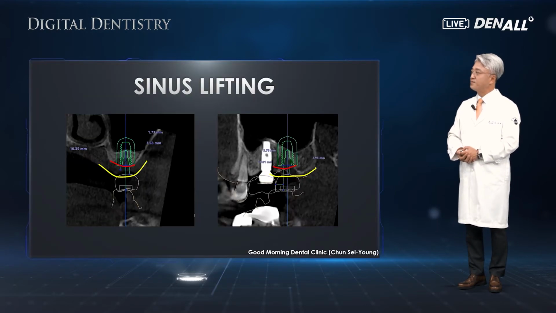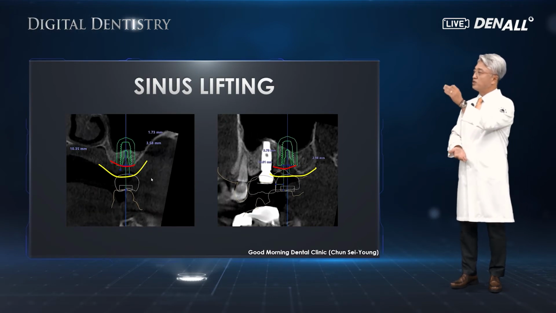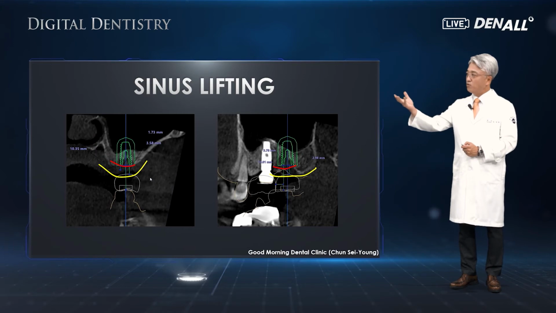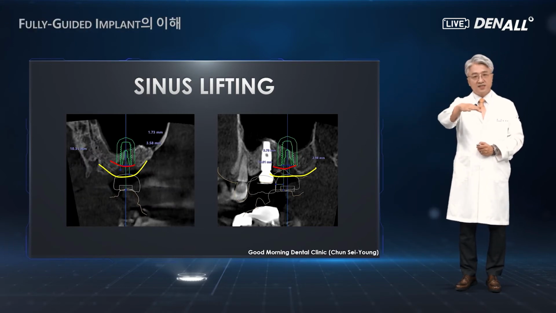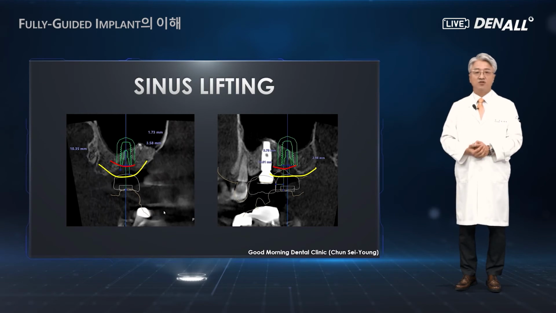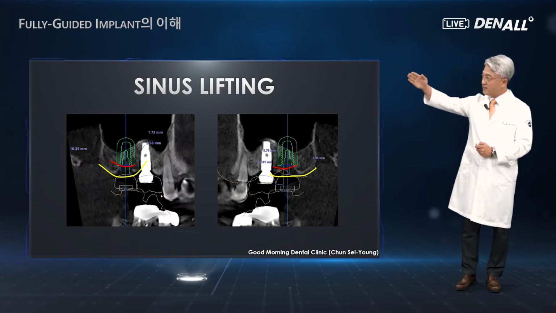For the sinus lifting, as you can see on the left picture, 360 fixture rotation is used to position the fixture accurately.